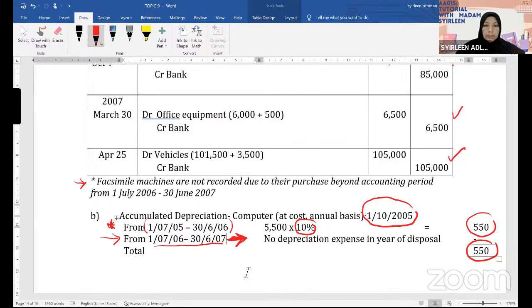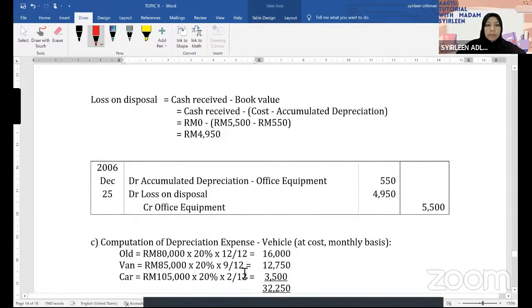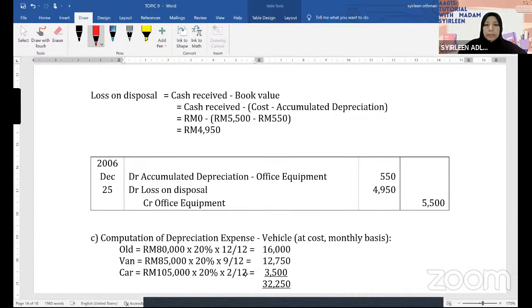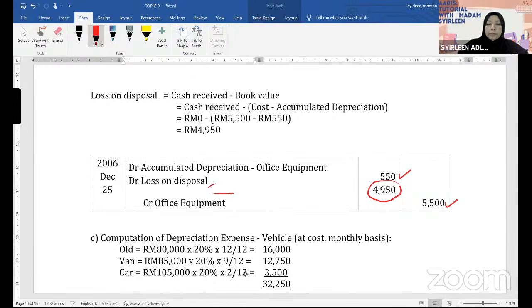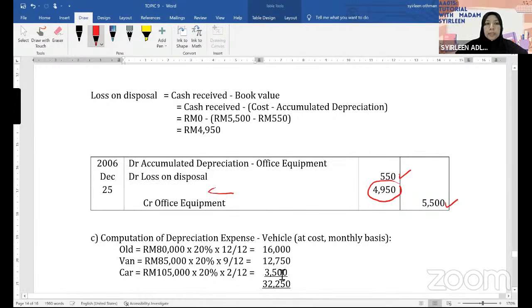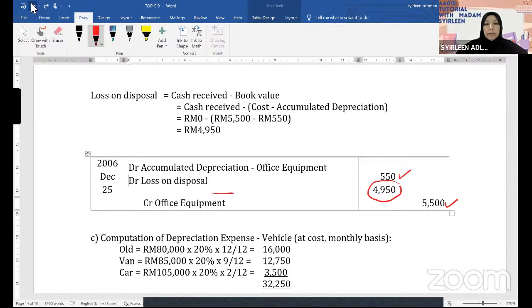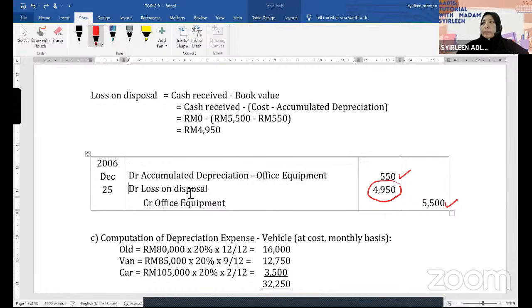So journal dia will be debit accumulated depreciation, which is 550 yang saya kira tadi. And then saya akan credit office equipment. That is the computer lah, 5,500. So kalau you tengok sebelah debit yang kurang kan, kurang dia ialah 4,950. That is actually your loss on disposal. So nilai ni yang nanti you akan catat lah dalam journal.